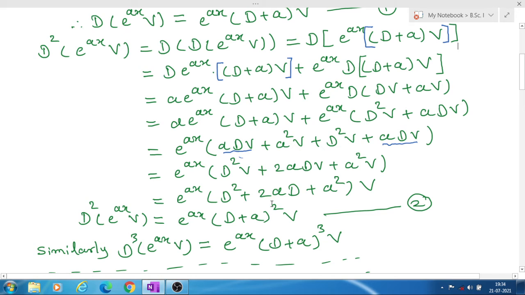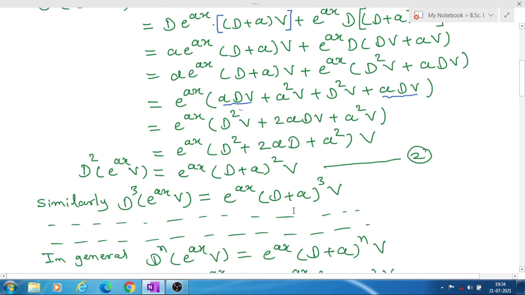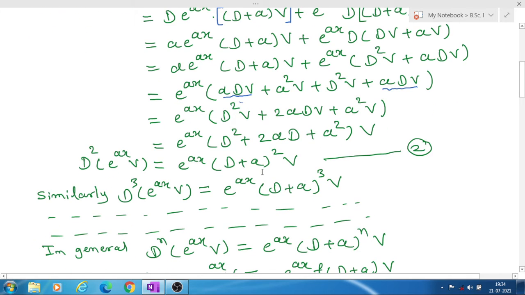So D square plus 2aD plus a square operates on this v, but this bracket is nothing but (D plus a) bracket square. Therefore this is equal to e raised to ax into (D plus a) bracket square operates on v.